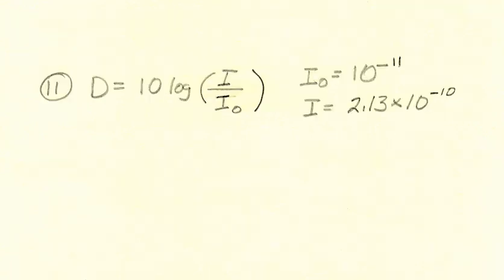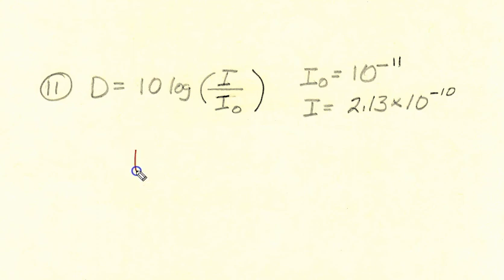I think this is an example about decibels, sounds of a cat purring. And we're given the information. We have I sub O, and we have I, and there's the formula. Again, this is what I've written on my blue sheet, summarizing.